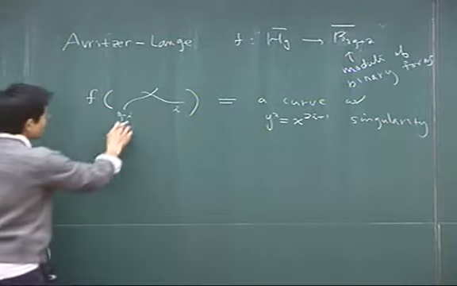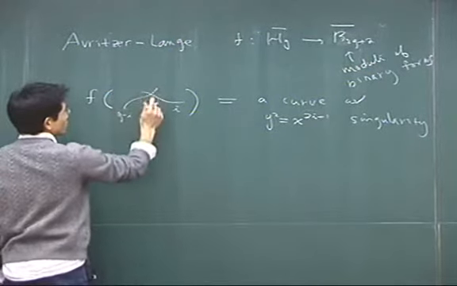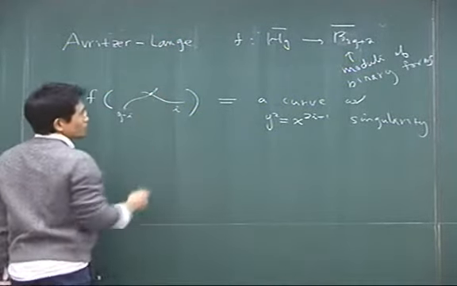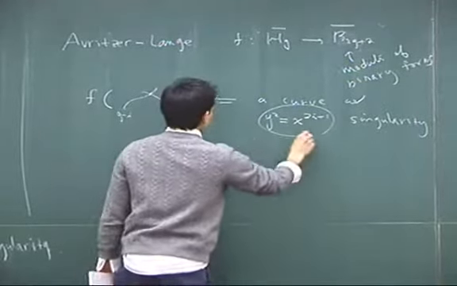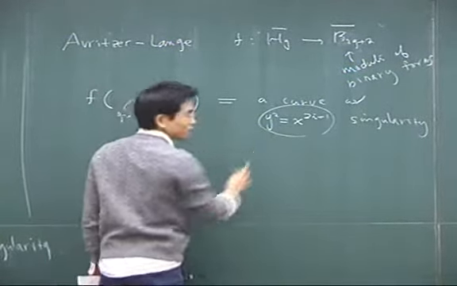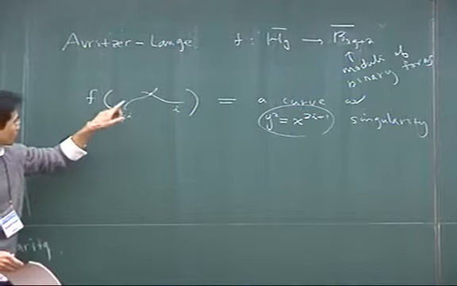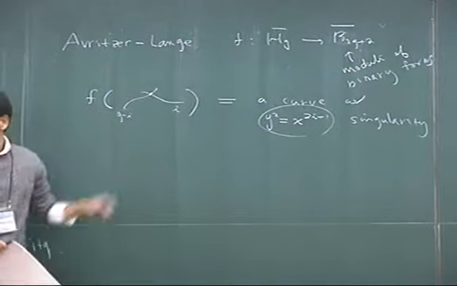So if this is smaller than that, then it's going to crush this component, and the resulting curve acquires a singularity of this form. Right, yeah. So when that's smaller than or bigger than that.